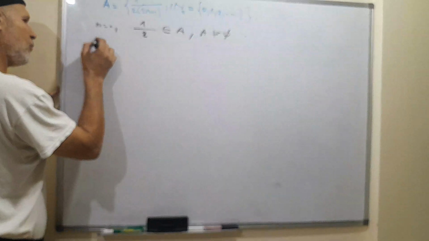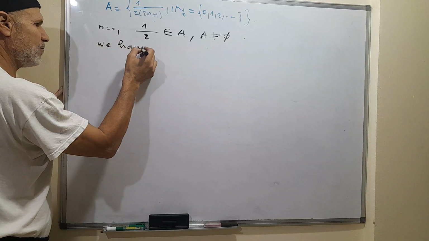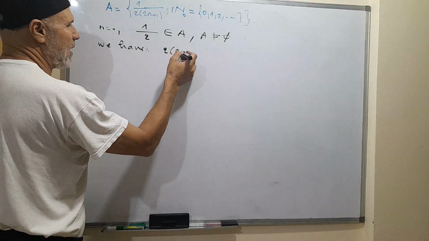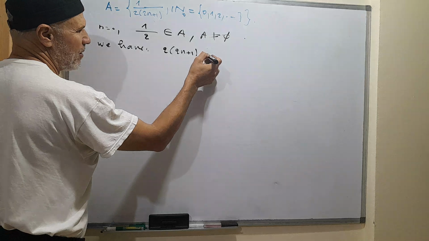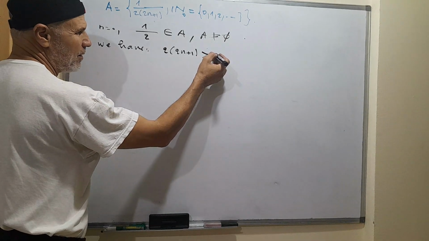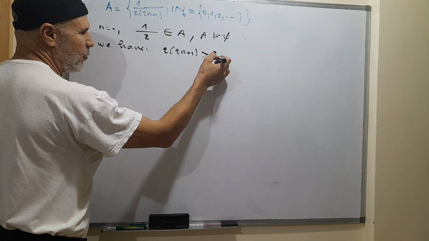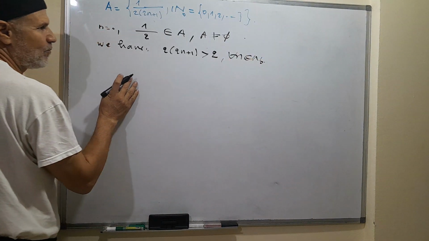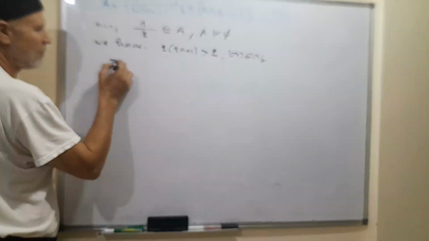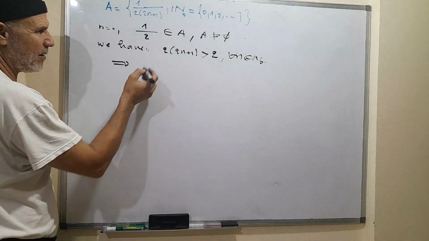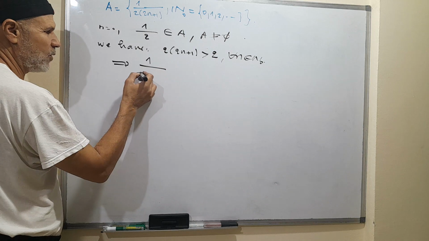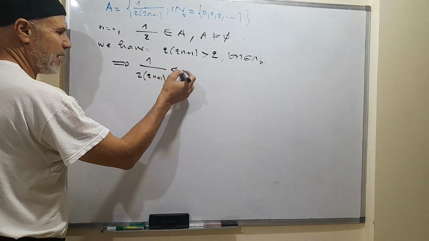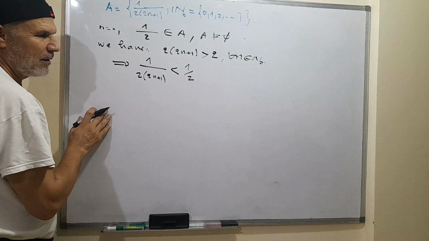Then we have 2 times 2n plus 1. This is greater than 2 for any n in N. This implies that 1 over 2n plus 1 is less than 1/2.